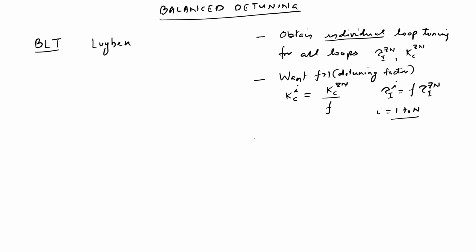Now the question is, what should f be? What should this detuning factor be? And it is here that we do an analogy with SISO systems.